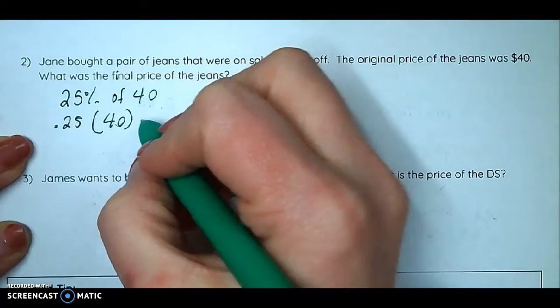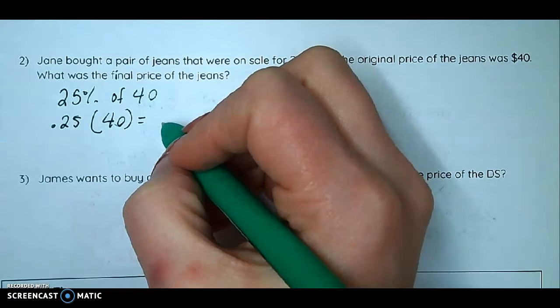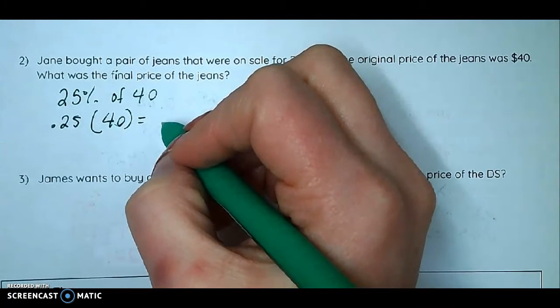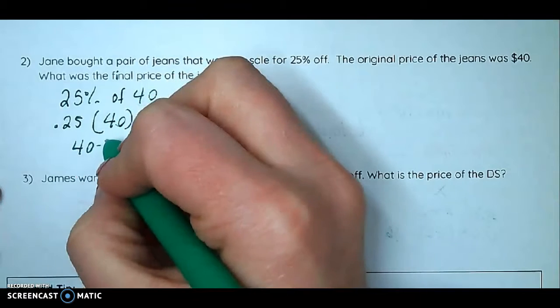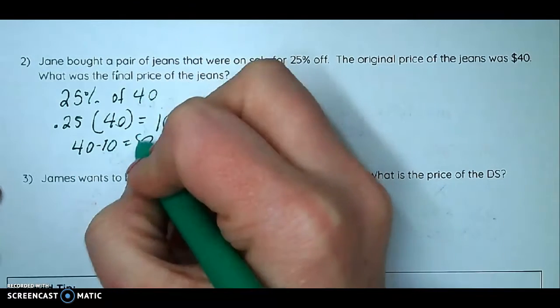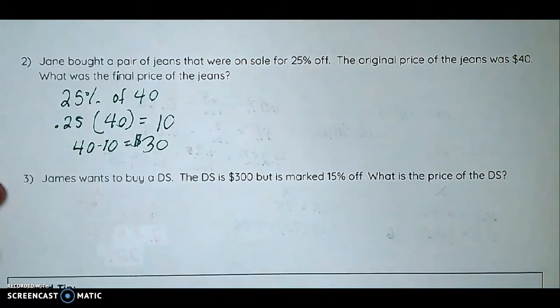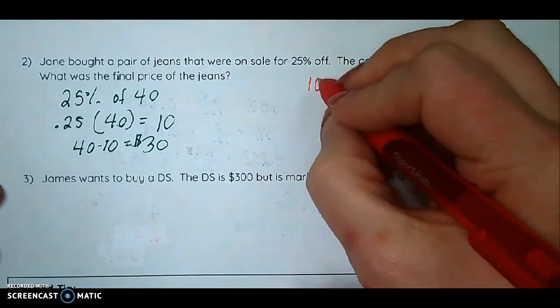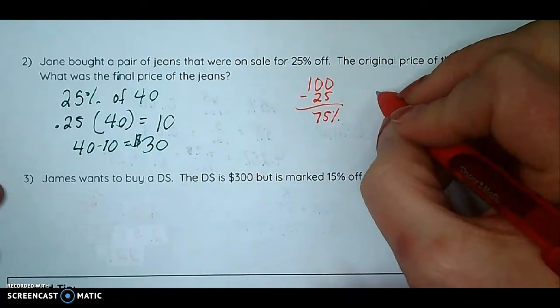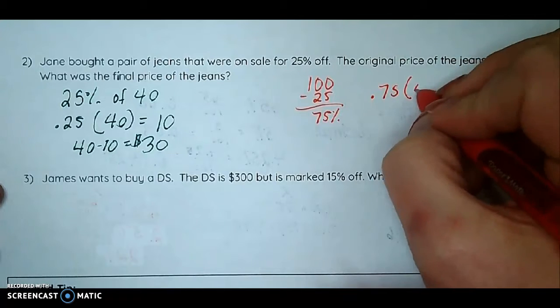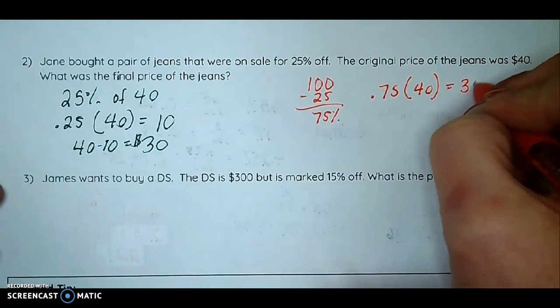So I'm going to find 25% of 40, which is $10, and then I would do 40 minus 10 to find out that I'm going to pay $30. If I do method two, I just say 100 minus 25 is 75%. So 0.75 times 40, which is $30.